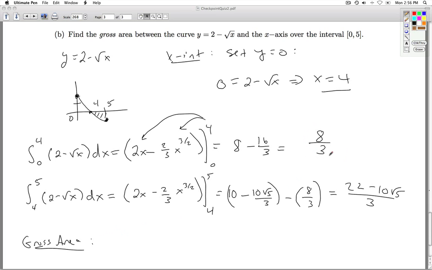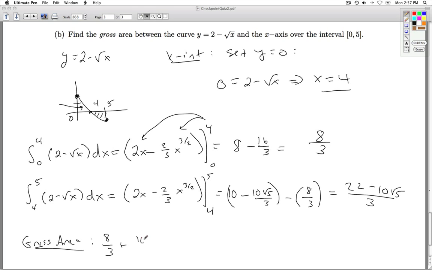I have to take this number, 8 thirds, which is the area, which is positive because that's where it's above the axis, and then I have to add the absolute value of this number. I have to add the opposite of this number. So whatever this number works out to be, it's negative something. The way we take the absolute value is we multiply it by negative 1. If this answer were negative 3, we would drop the negative. That's the same as multiplying it by a negative 1.